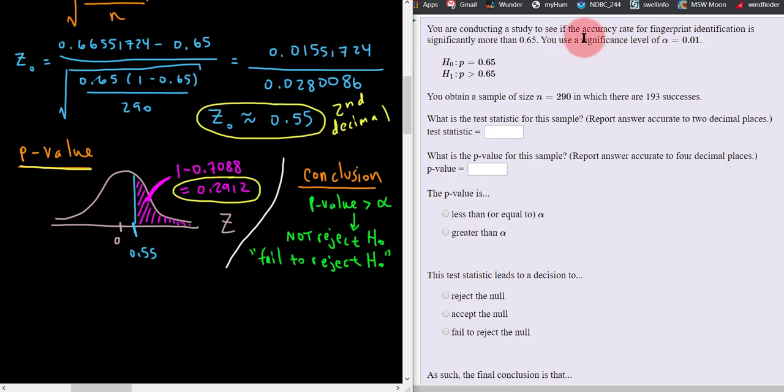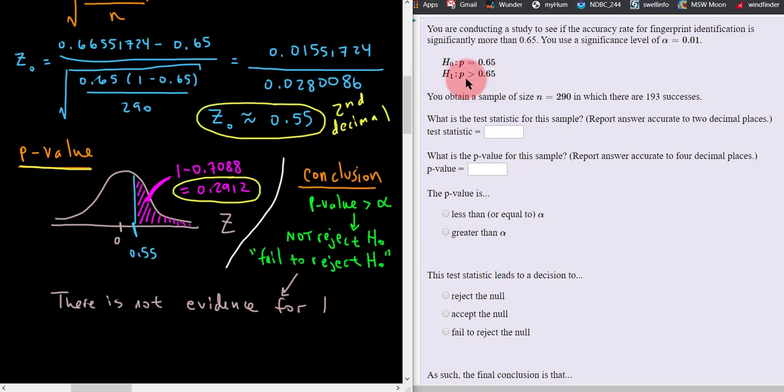What does this mean about the accuracy rate for fingerprint identification? Because we are not rejecting the null hypothesis, that implies that there is not sufficient evidence for the alternative. Now, when we say the alternative, that's still kind of technical. So I need to translate these symbols.